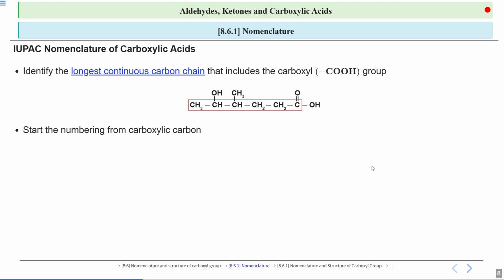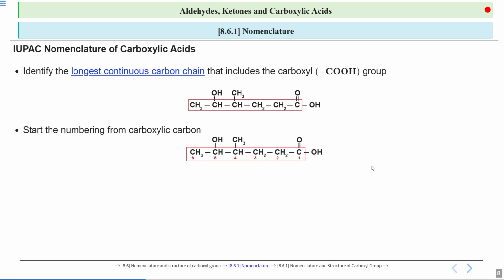Now, once the longest chain is identified, the numbering of the carbon atoms begins from the carboxylic carbon. This ensures that the carboxyl group is given the highest priority in the naming process. So the numbering starts from the carboxyl carbon.